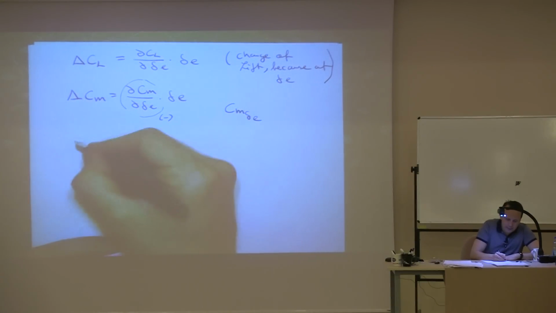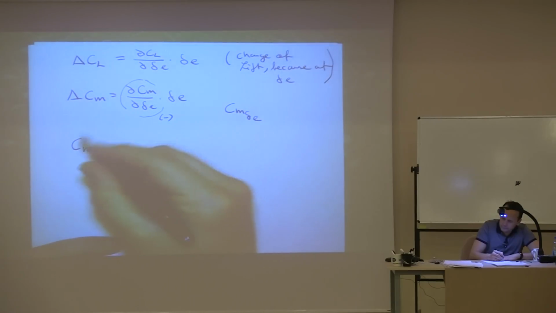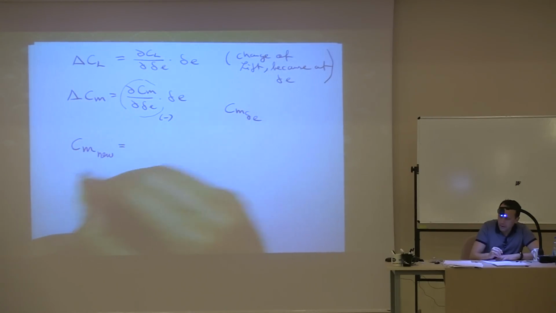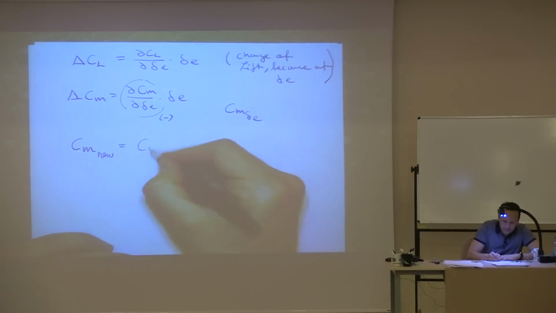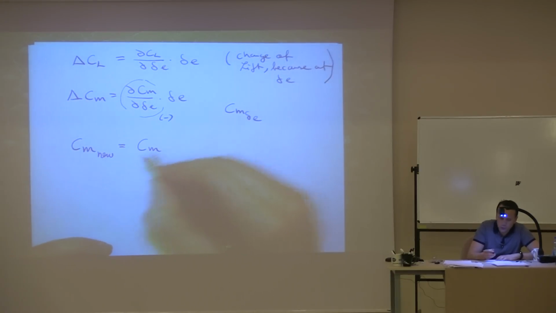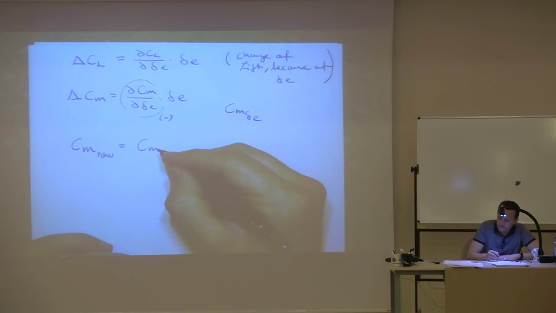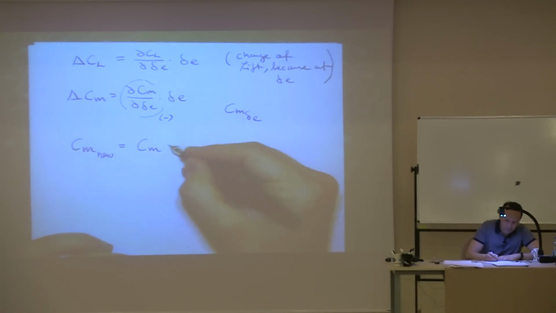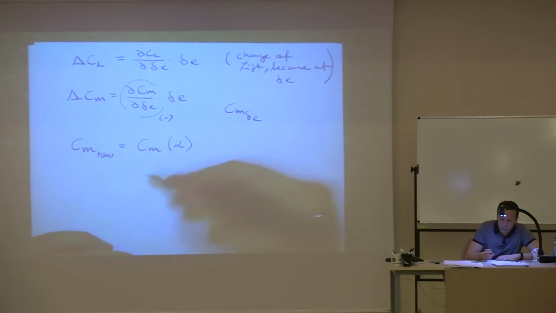Okay, so CM new will be CM that we already had in trim, right? Or we had a certain CM, which is a function of alpha of the airplane, plus some delta CM.